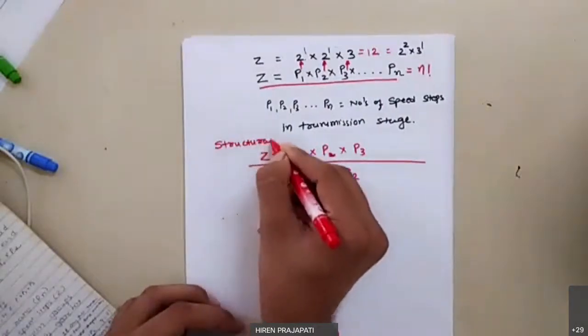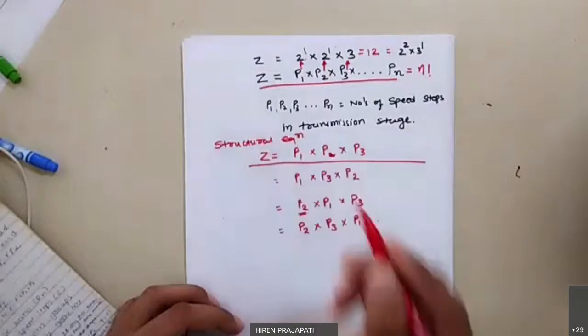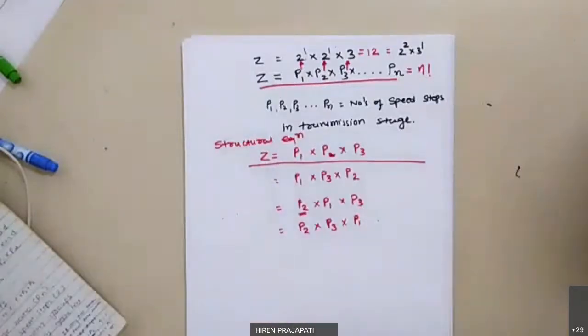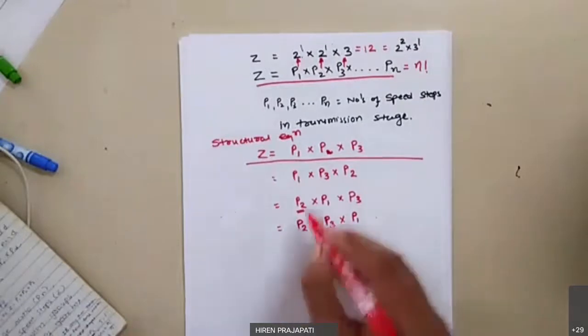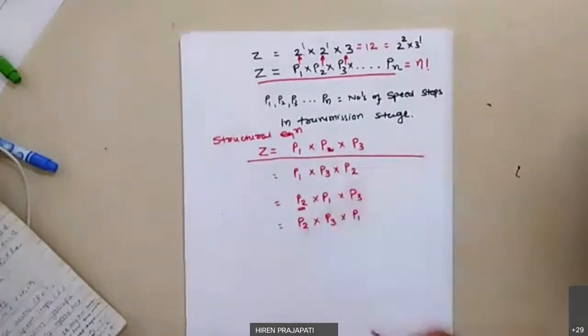Structural equation of the gearbox, right? Not in full form. Later we'll introduce another parameter, and that will give the full form of the structural equation. So this structural equation is nothing but giving you an idea about the arrangement of the gearbox, right? So there are so many possibilities. So how many possibilities are there?